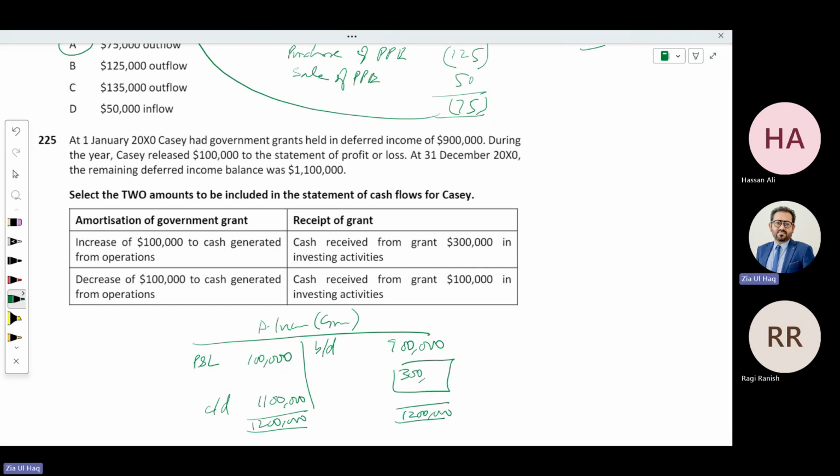What is this? Receipt for new job. Select two amounts to be included in the statement of cash flow. Amortization of government grant, 100,000, increase or decrease?